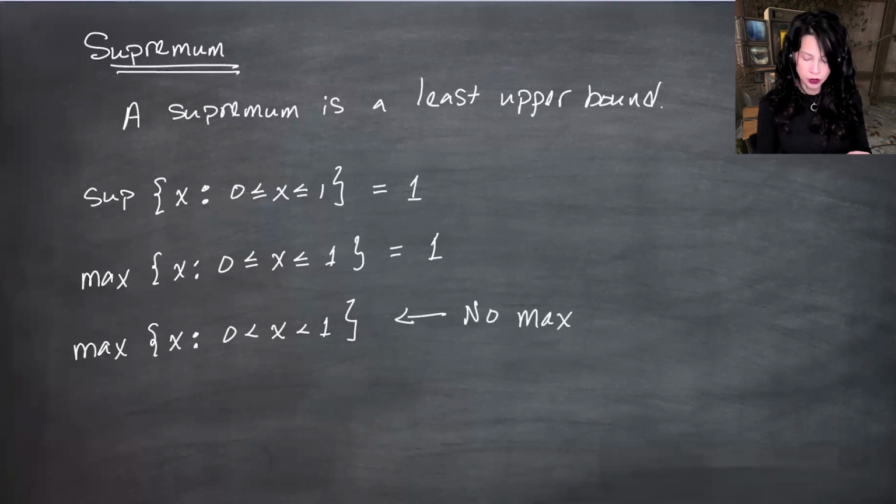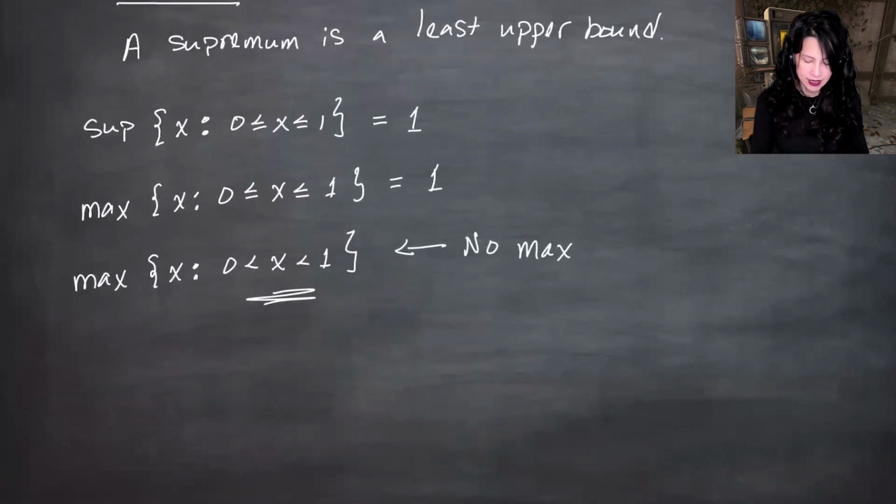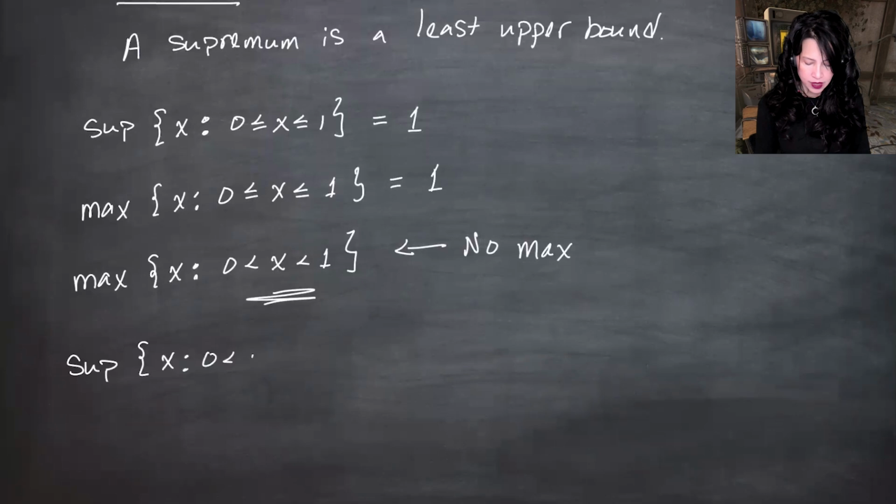Because if you want the largest x in this set, it's not 1 because 1 is not in there. So it's 0.999999999, but whatever it is, there's something above it and below 1. So this maximum doesn't exist, but we say that the supremum of the x's in this set is 1. It is, again, the maximum when the maximum doesn't quite make it in there.